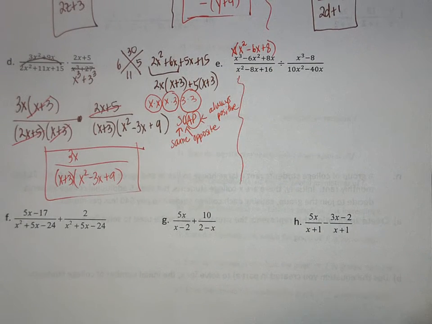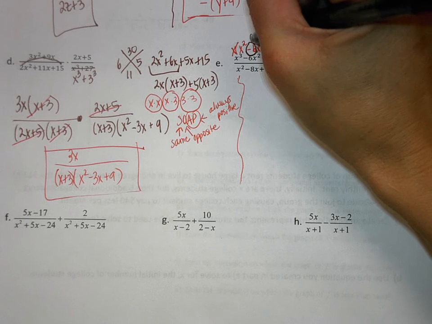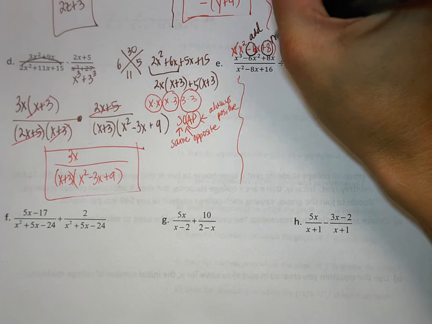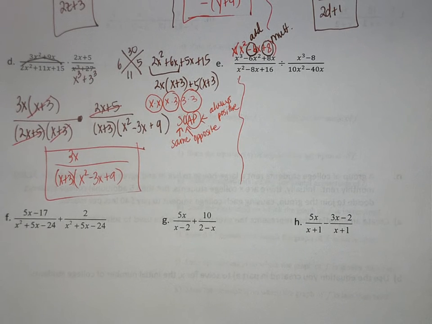Okay, and so on this one we're looking for something that adds to be negative 6 and multiplies to be a positive 8. So can we think of any numbers? Very good. Negative 4 and negative 2.